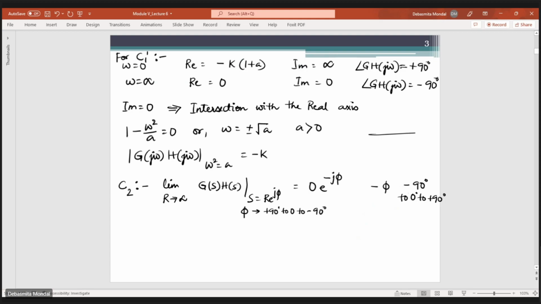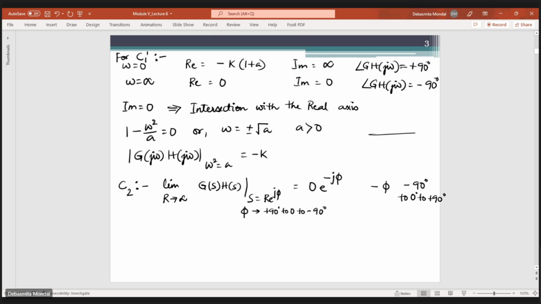So this part is C1', this is C2, and then this is C1''. We have to map C1', C2 and C1'' into the GH plane. C1' and C1'' will obviously be mirror images of each other.